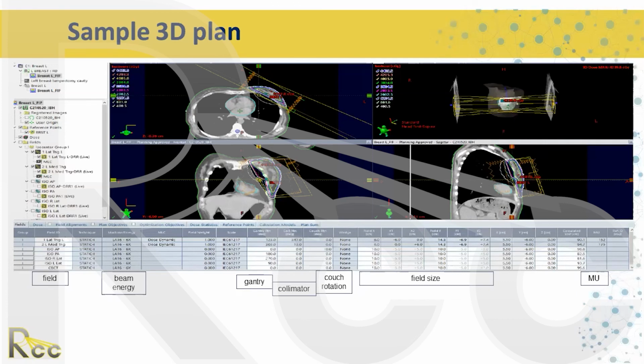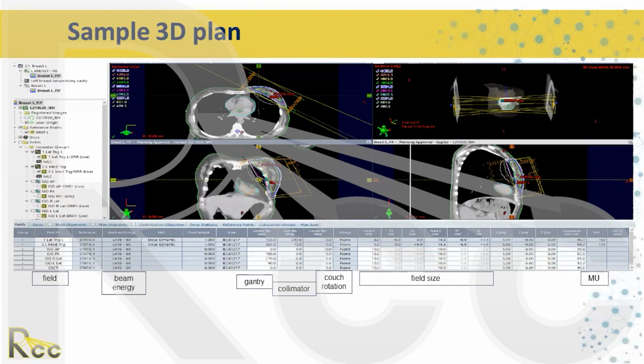For IMRT/VMAT, what are the challenges your team faces every day compared to 3D CRT? I think for IMRT, it's more challenging just because the margins are so tight. Especially for a head and neck patient, it's really important that their position is spot on because there are so many critical structures that if their head is rotated or their spine is a little off, it will throw off the radiation.